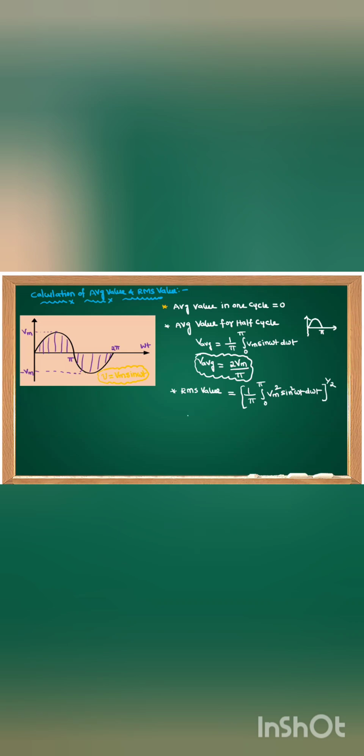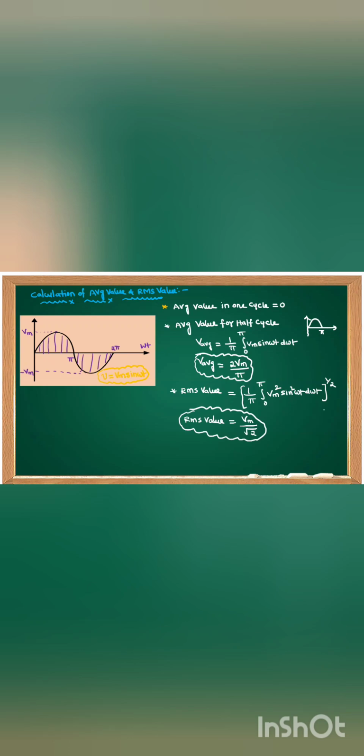Now integrate and substitute the limits. We get RMS value equal to Vm by root 2. I already told that for a sine wave the RMS value is Vm by root 2. Like this, we can solve. For a sine wave, average value is 0 in one cycle, but in half cycle it is 2 Vm by pi. RMS value equal to Vm by root 2.